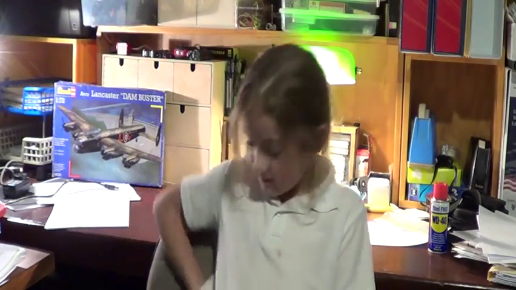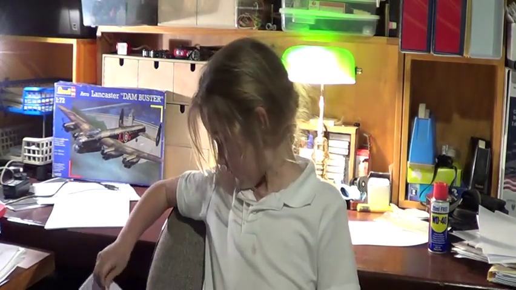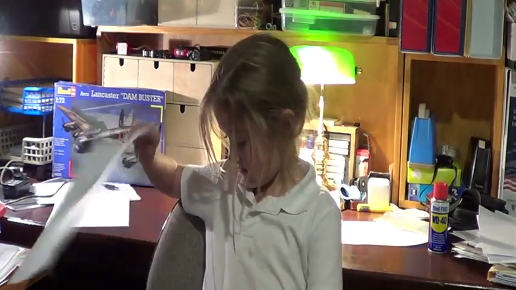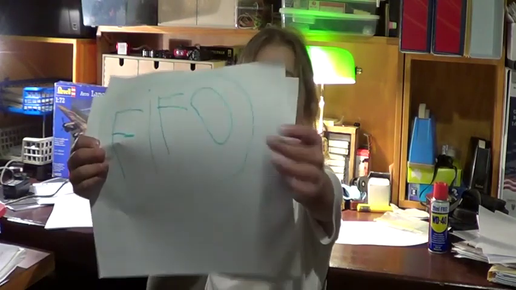Hello, little girl. What's your name? Ivy. And could you tell me, when we have an inventory system where we assume that the first ones that we buy are the first ones that we sell, what's that system called? FIFO. Very good.